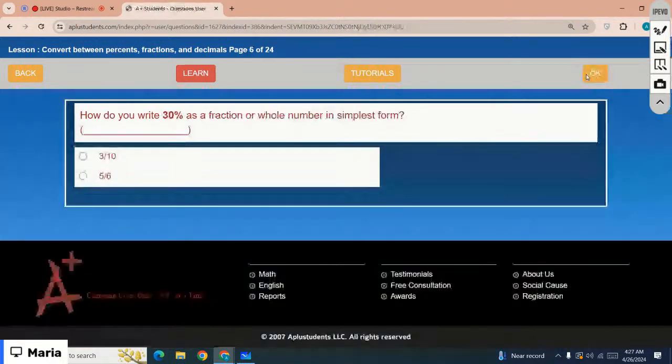How do you write 30% as a fraction in simplest form? You need to write it in fractional form, right? 30% means 30 over 100. And when you simplify, that is 3 over 10. Option number 1 is the correct option.